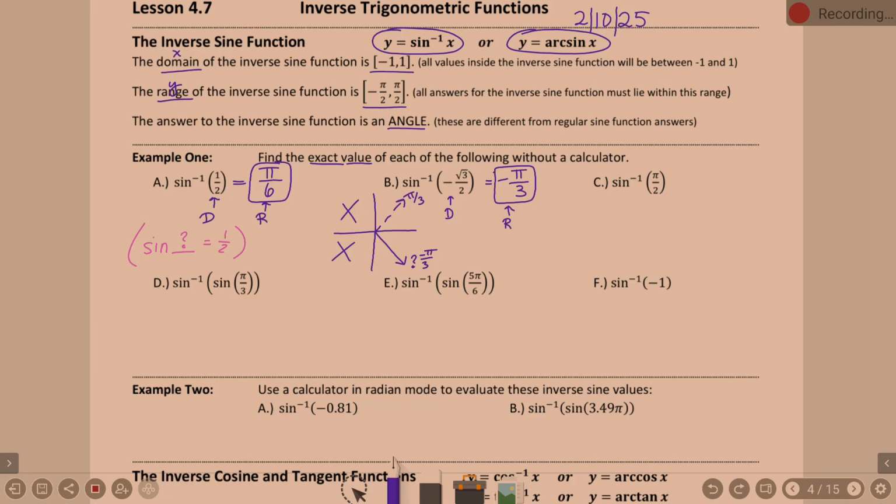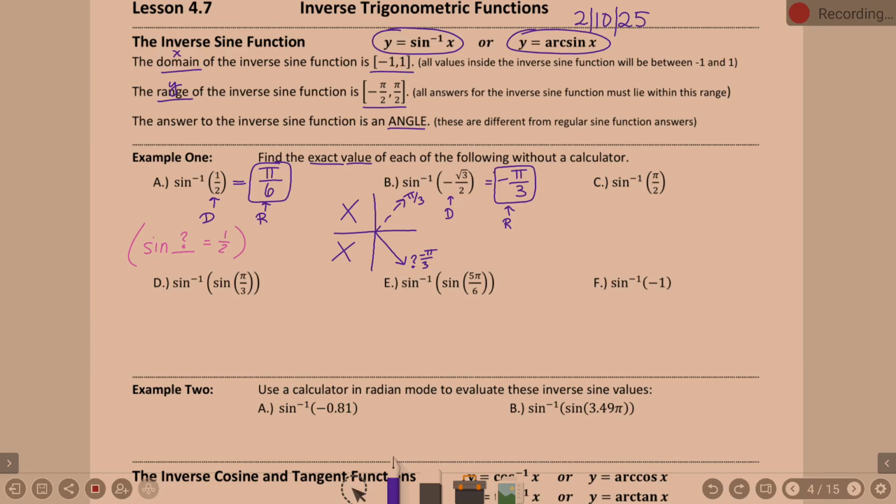C. The sine inverse of pi over 2. Now, did you catch what they're doing there? That's a 90-degree angle. But is it an angle? Where are my angles supposed to be here?